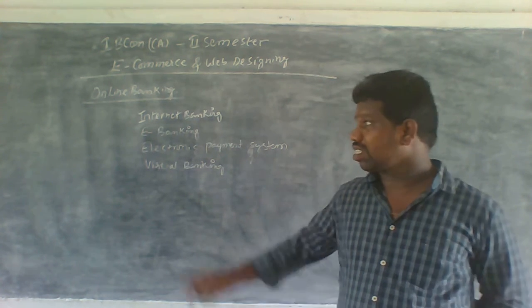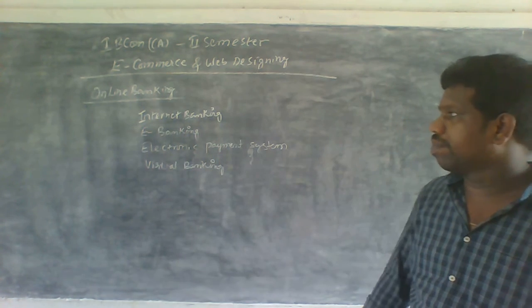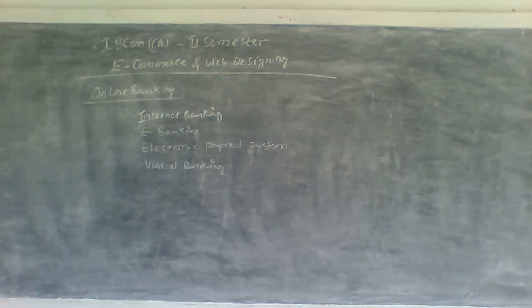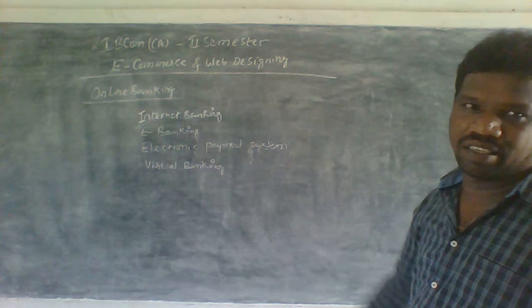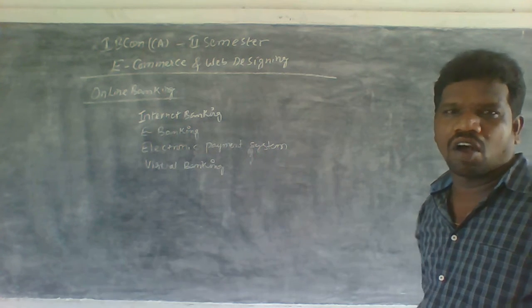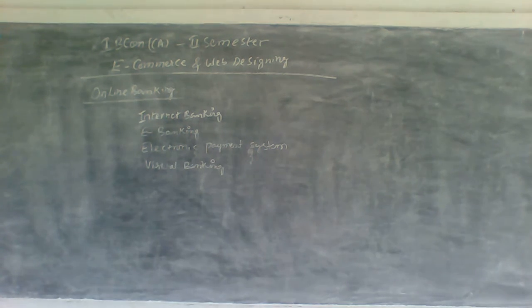These four types are internet banking, e-banking, electronic payment systems, and virtual banking. You have to copy these four things. These are also called online banking systems.